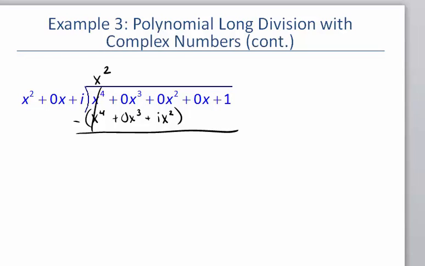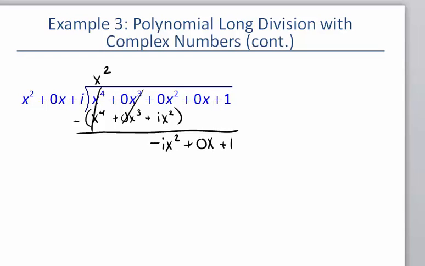The second term is inconsequential anyway because it's a 0x to the third minus a 0x to the third, so we no longer need that. And then we have 0x squared minus i x squared. So that's going to be a negative i x squared. And then we're going to pull the rest of this down. So we now have negative i x squared plus 0x plus 1.